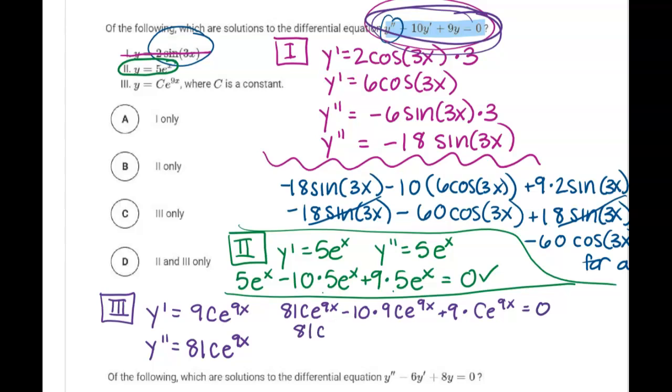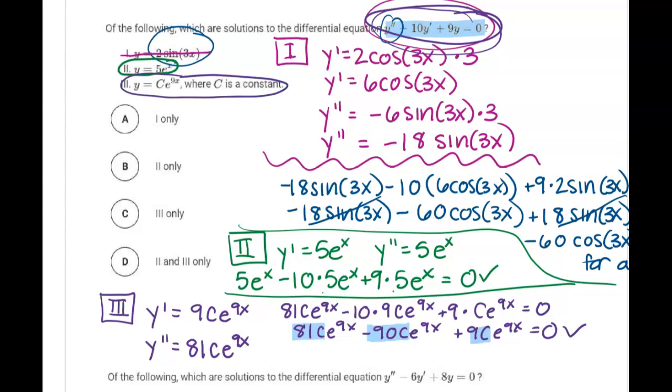Well, this is 81c e to the 9x minus 90c e to the 9x plus 9c e to the 9x equals 0. It looks like we have 81c of those minus 90c, which is negative 9c, plus 9c, so we end up with 0 e to the 9x, so it works. So then our answer is 2 and 3 only. So that's what was correct.